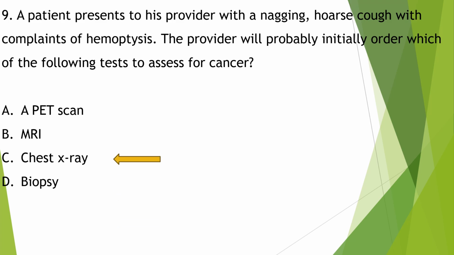PET scan is an imaging study used to visualize a tumor and evaluate metabolic activity and metastasis. This is not indicated at this particular time. MRI is another imaging study most appropriate for brain and joint tissue. And biopsy is indicated when an unexpected mass is identified. Here we are not identifying any mass, and the patient is having a problem with the chest. So chest X-ray is fine.